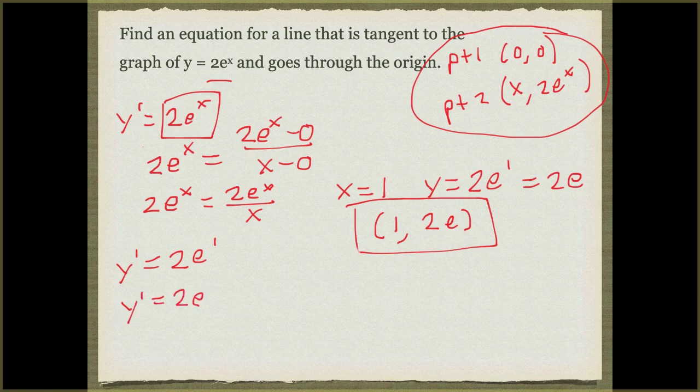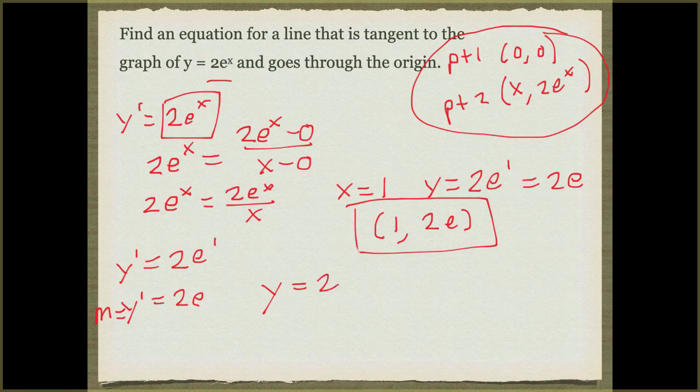So we have our slope, our m is 2e. We have a point, so we can use either point. We can use 0, 0, or 1 and 2e to write the equation of our line. Either one doesn't matter. We have our slope is 2e, so I'll use the second point, 1, 2e.